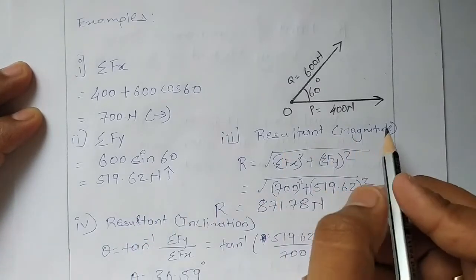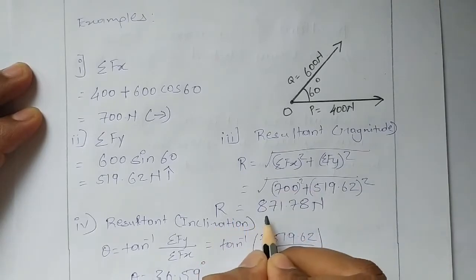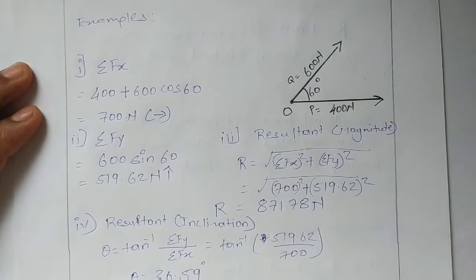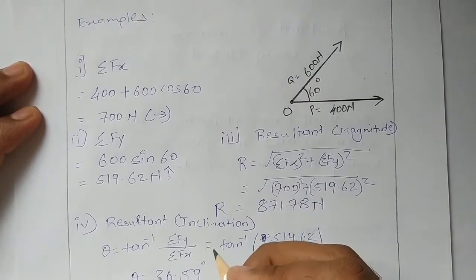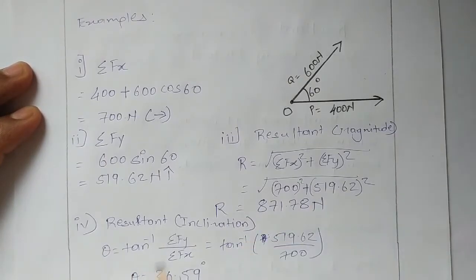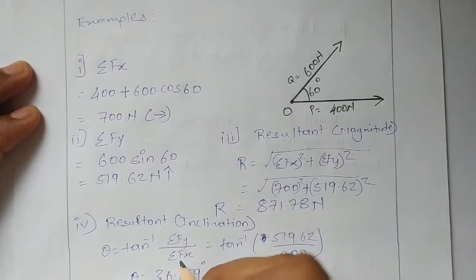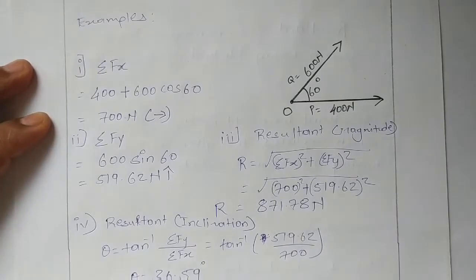Then resultant magnitude can be calculated using this relation. It comes out to be 871.78 Newton. Then the inclination, that is the direction of the resultant, can be calculated using tan inverse of summation Fy by summation Fx. So tan inverse of 519.62 divided by 700, which comes out to be 36.59 degrees.